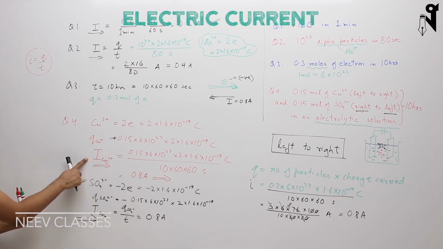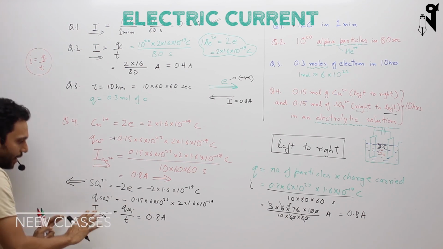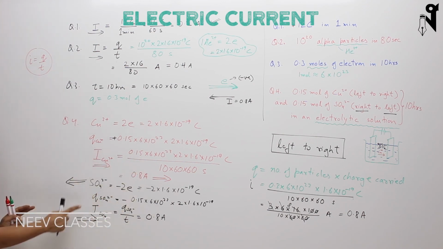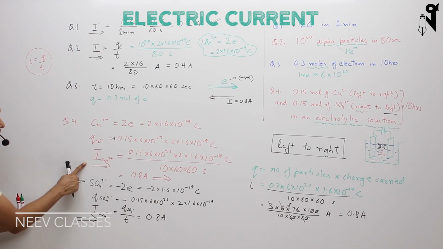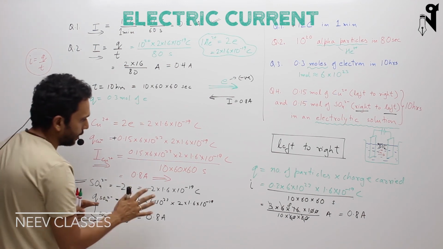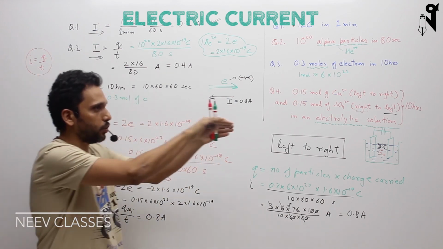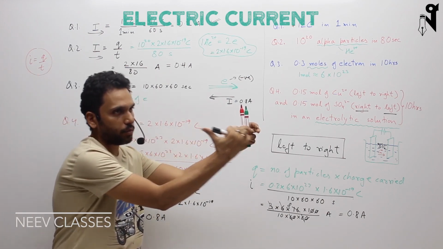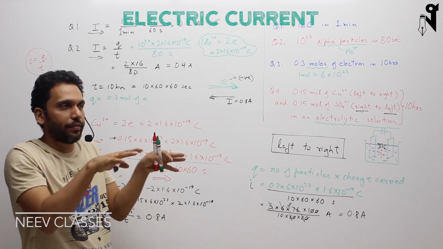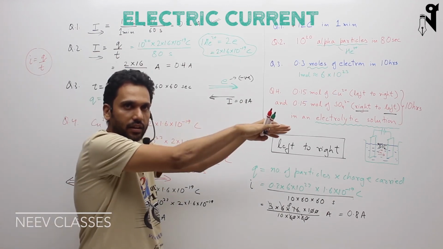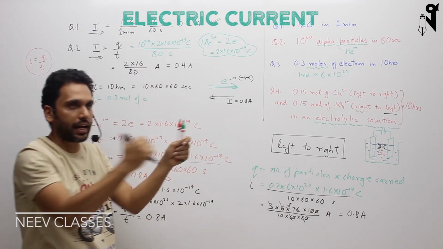Current by copper, cupric, was again left to right. So both of these currents get added instead of getting subtracted. It is the positive particles moving this way and negative particles moving that way that give an effective big current in the left to right direction. So it's not cancelling out.